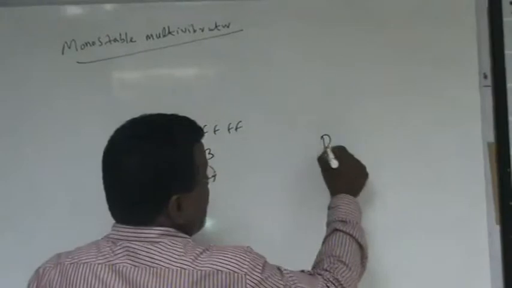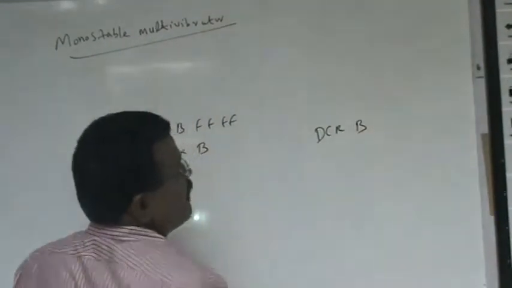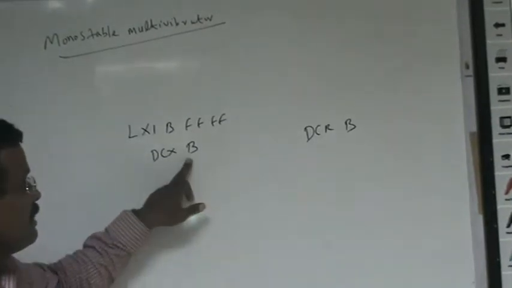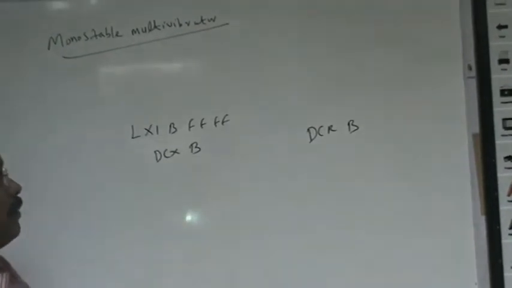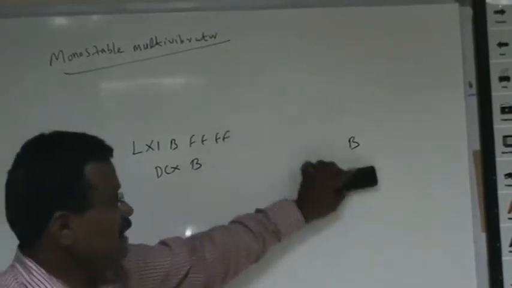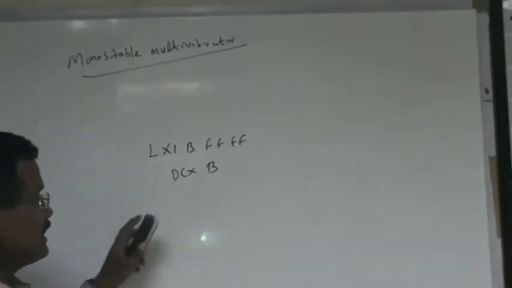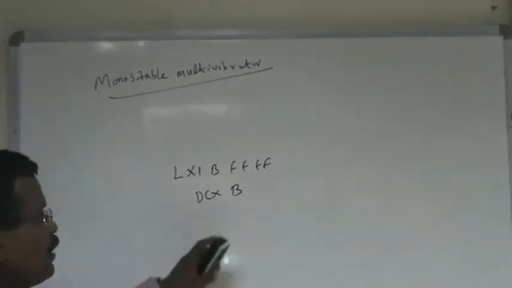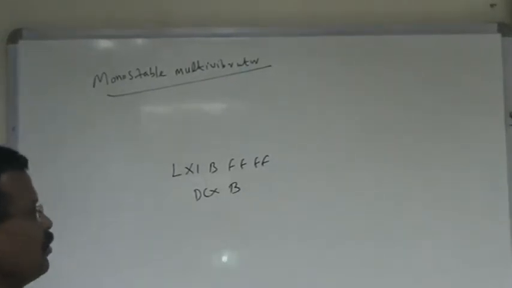DCX B is different, DCR B is different. DCR B is decrementing one register by 1. DCX is decrementing the register pair by 1. But the important thing is, if you look into the flag content, for the instruction DCX B, no flags are altered. Even if the value becomes 0, the zero flag will not be set to 1.